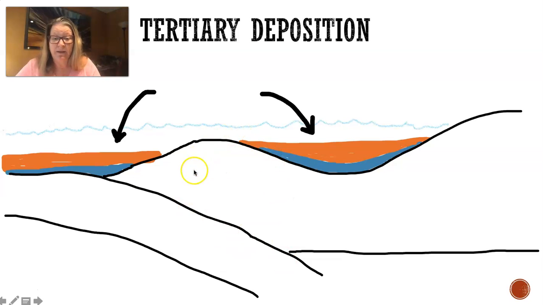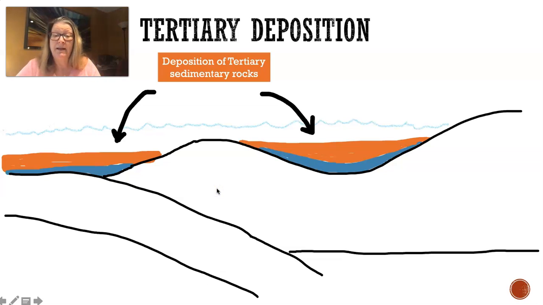But right now we have a bulge occurring, an uplift, and all kinds of metamorphism occurring in the region that's eventually going to be the Coast Ranges. This is where the Great Valley is going to be, and the Sierra Nevadas are off the picture to the right. So in the blue we have those Cretaceous sedimentary rocks, and now I'm adding the Tertiary sedimentary rocks.